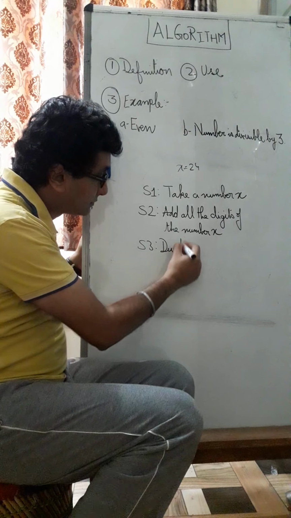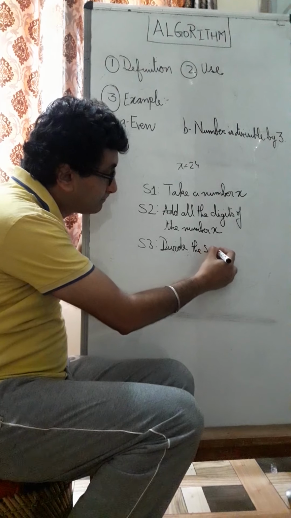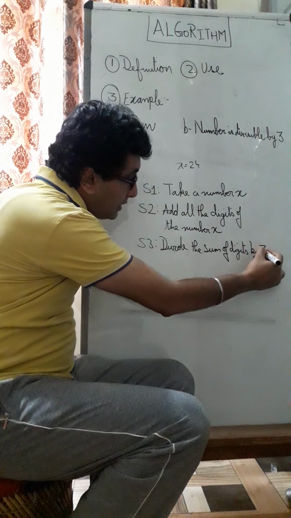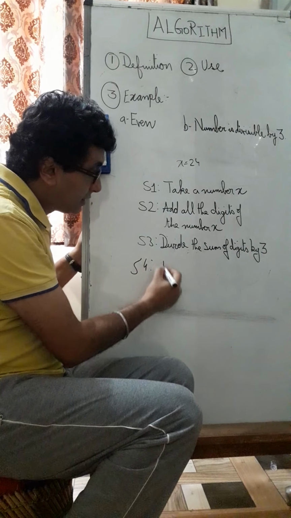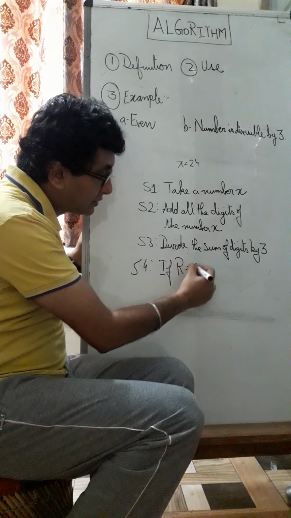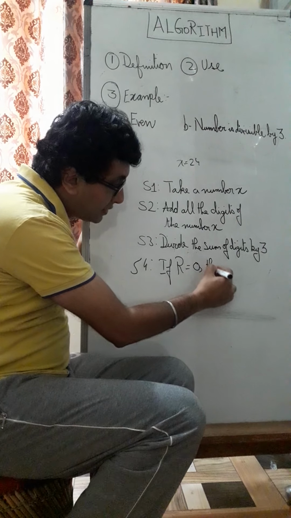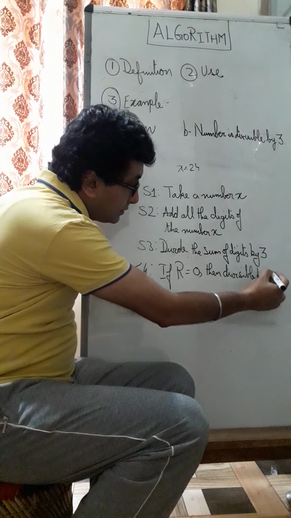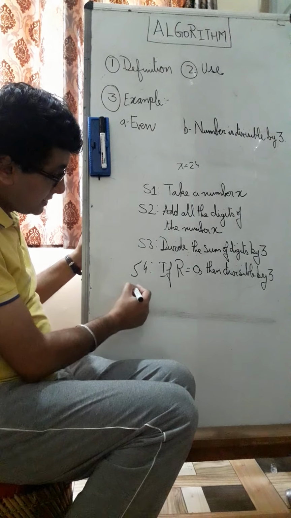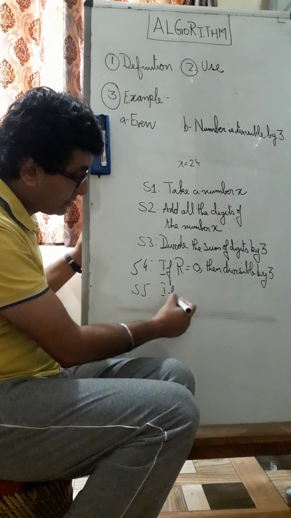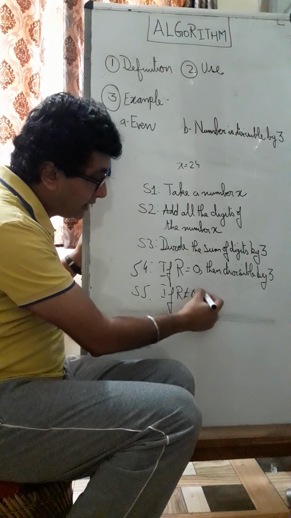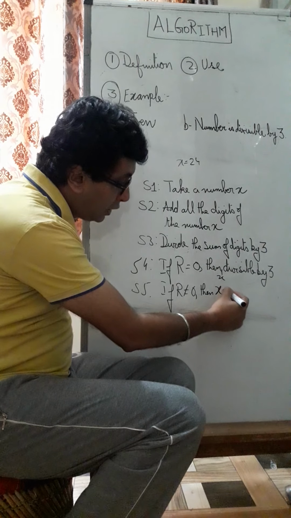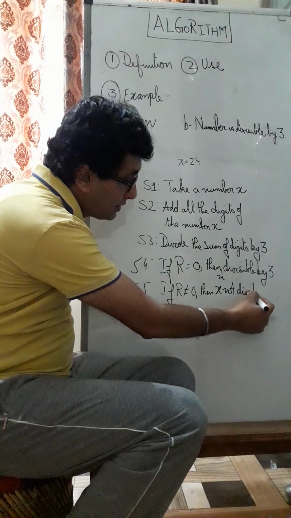Step 3, divide the sum of digits by 3. Step 4, if remainder is equal to 0, then the number is divisible by 3. And step 5, if r is not equal to 0, then x is not divisible by 3.